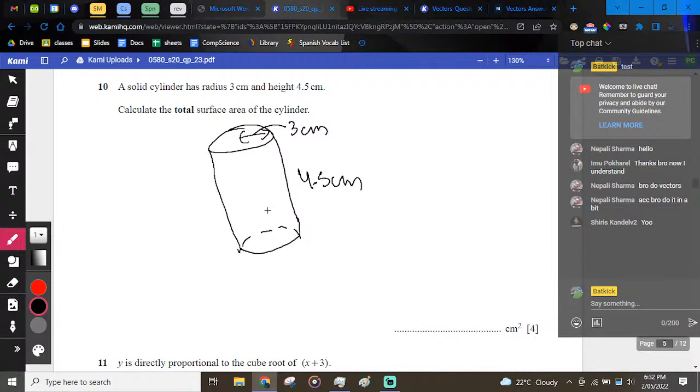I swear there's a short formula for it, but I don't remember it. What I do instead is first get the circumference times height. That is your curved surface area. And of course, circumference is 2 pi r times h. And then you have 2 times pi r squared.